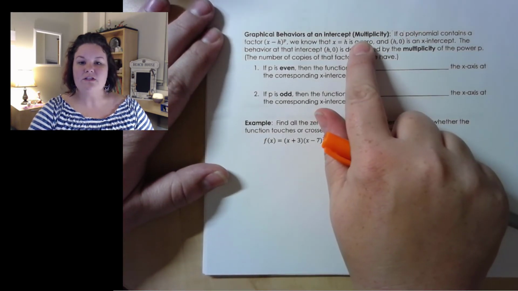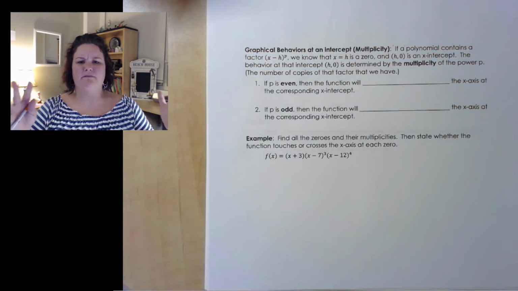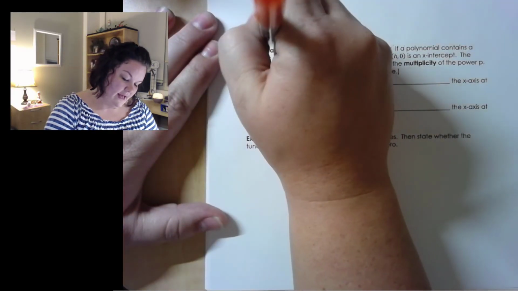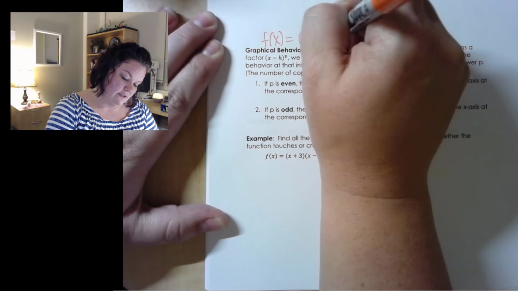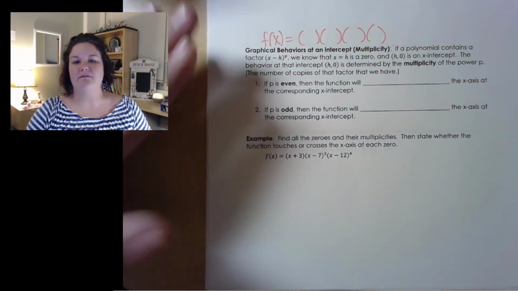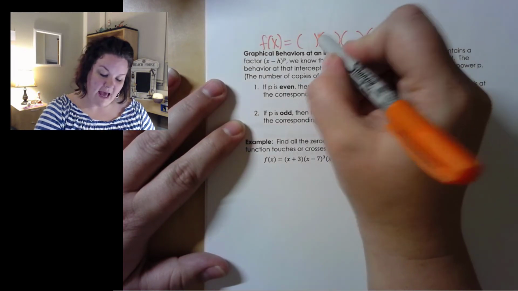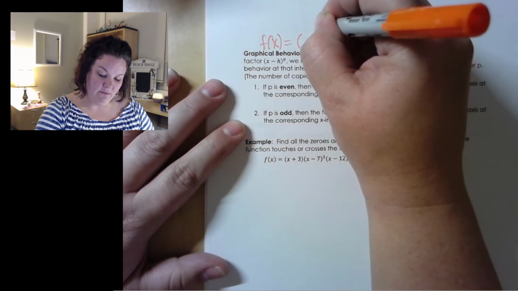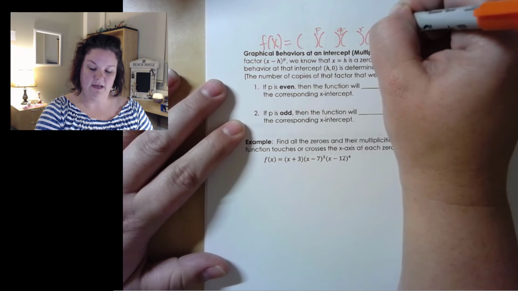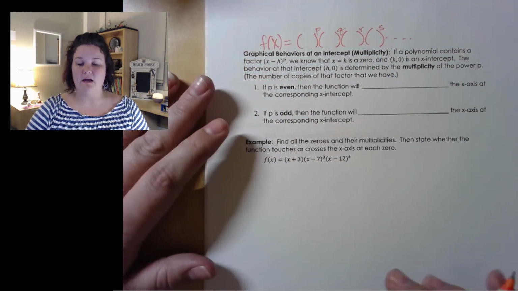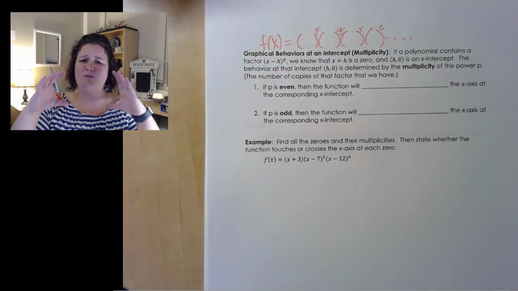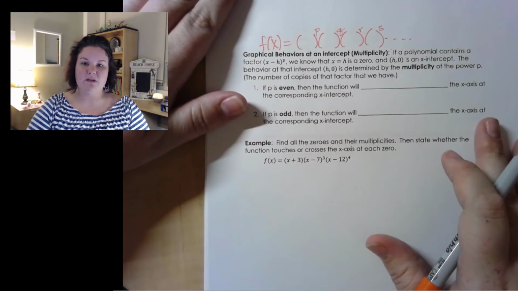Now, we're going to assume that we factored out a function, okay? We have something like f of x equals some factor times some factor times some factor, right? However many factors we have, okay? Now, the numbers are the exponents that we have up here, p, q, r, s, okay? Whatever those numbers happen to be. Now, some factors, we may only have one factor, right? Like the ones we did up here.